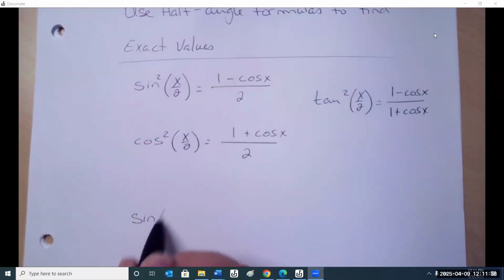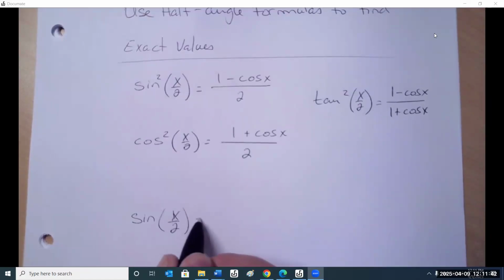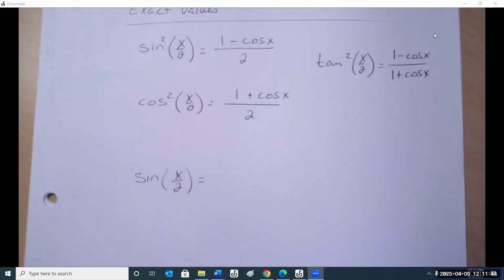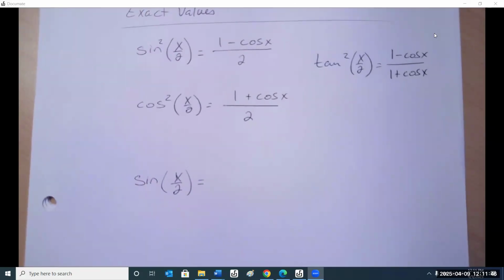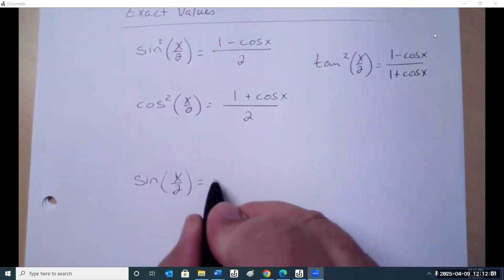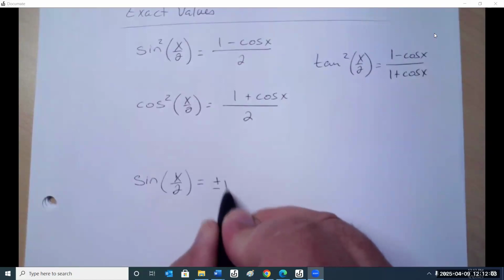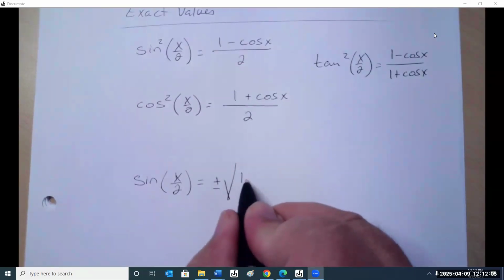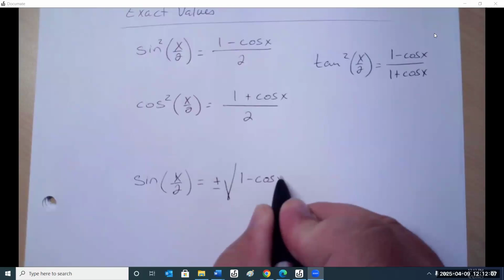What is the half angle of sine? Missing something. You're close. You're halfway there. Plus or minus, because whenever you take the square root of a squared term, you have to put a plus or minus in there.